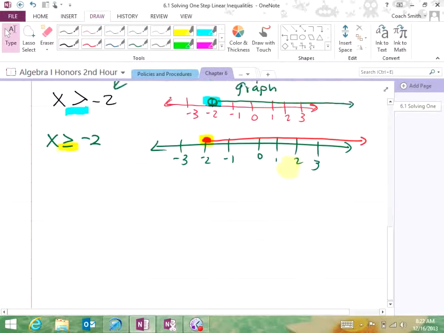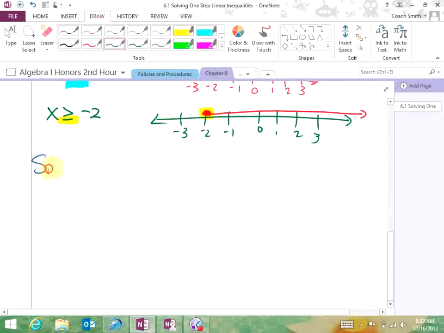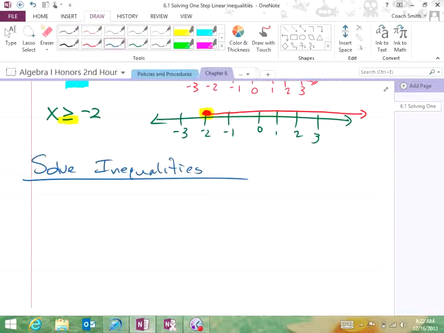Now, we solve inequalities exactly the same way we did equations. For example, if I had negative 5 is less than 4 plus x, to solve that, we simply subtract 4 from both sides.